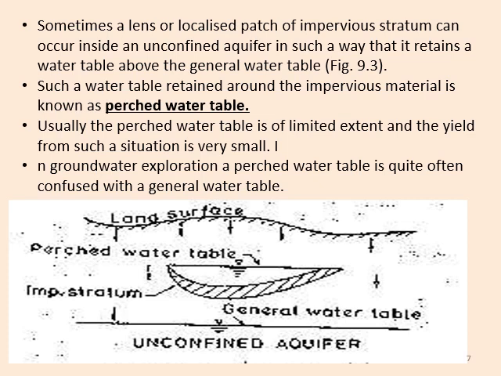The general water table is shown here, but some portion of water is retained here. Such a water table retained around the impervious material is known as a perched water table.